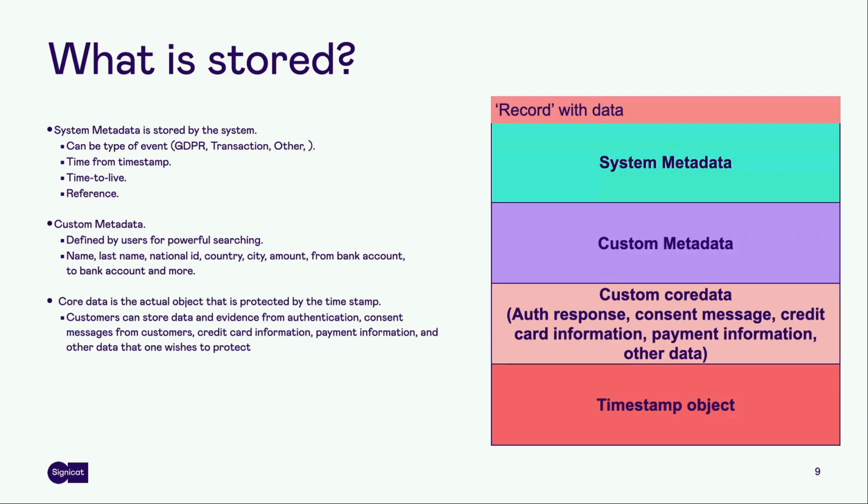And we also include the timestamp object and the secure timestamp object. Yeah, the qualified timestamp. Maybe it's worth mentioning also there is some restriction on the size of the core data, but it's quite big, right?